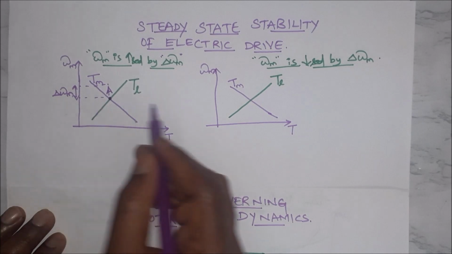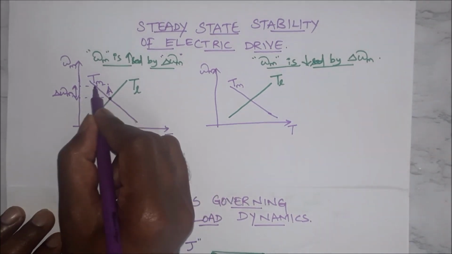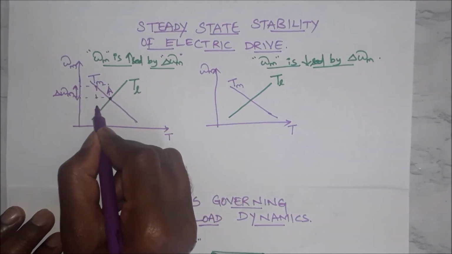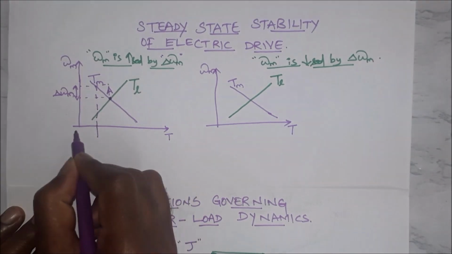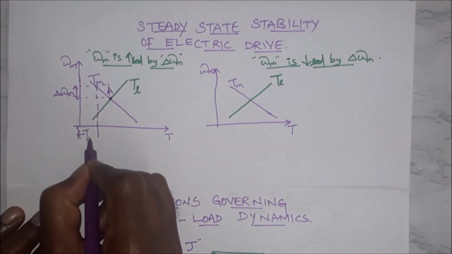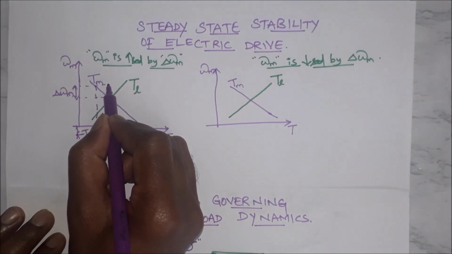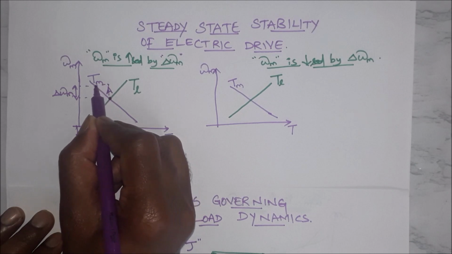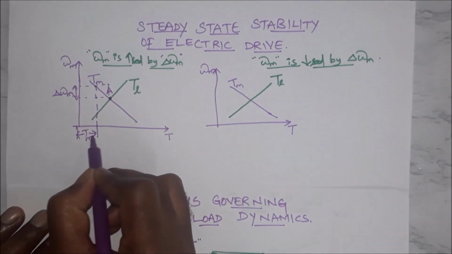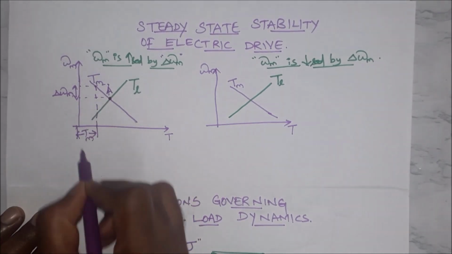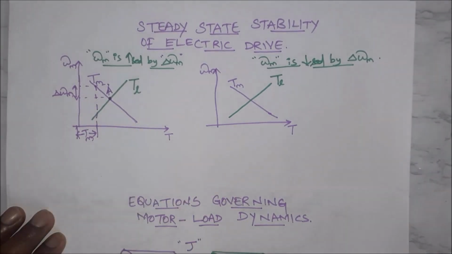So let us see what happens now. See, when the speed is increased, the value of Tm is this much. I have increased the speed from here to here. So at this point, what is the value of Tm? Just stretch this to the slope or the straight line of the Tm. So from here to here is your Tm. At the same point, you have to identify the value of TL also.